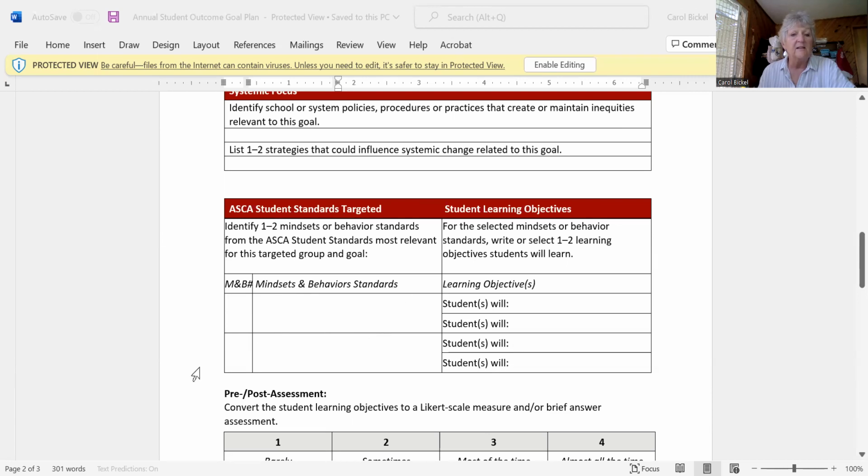List what they are here, and the students will, 80% will pass math. Students will identify 3 strategies for studying math. Those are the kinds of objectives. You want to have it be pretty specific.